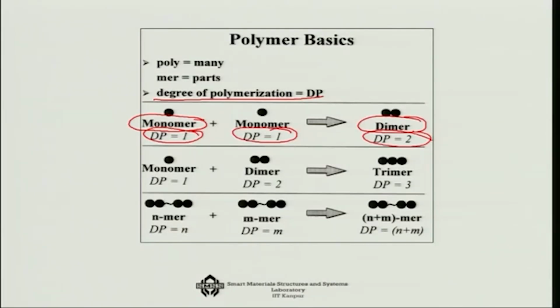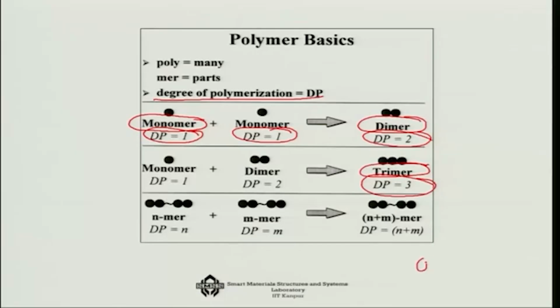If you add a monomer to a dimer, you will get a trimer, and the degree of polymerization will become 3. Of course, this kind of very small number of units adding together happens for materials like silicon, in which there is a term called oligomer. That means something like 5, 6 or 10 monomers join their hands together.